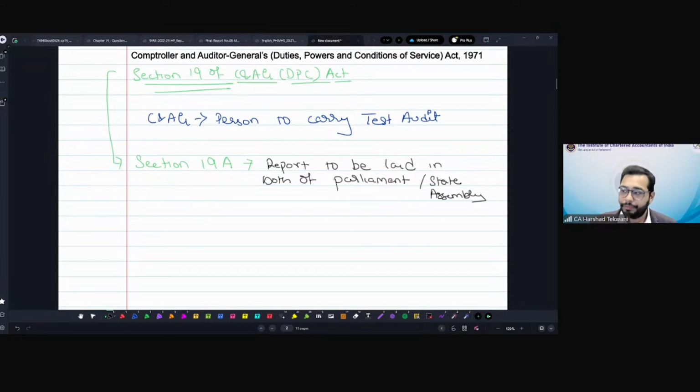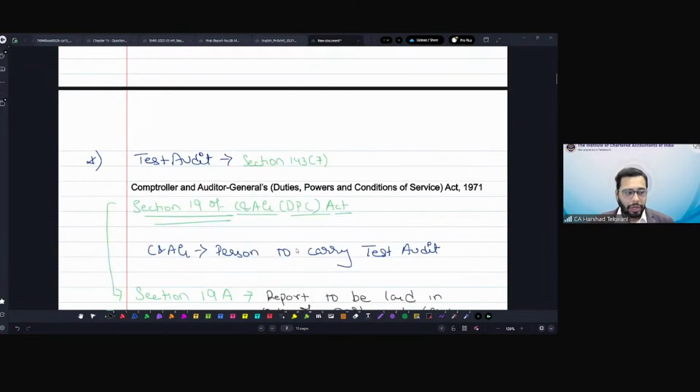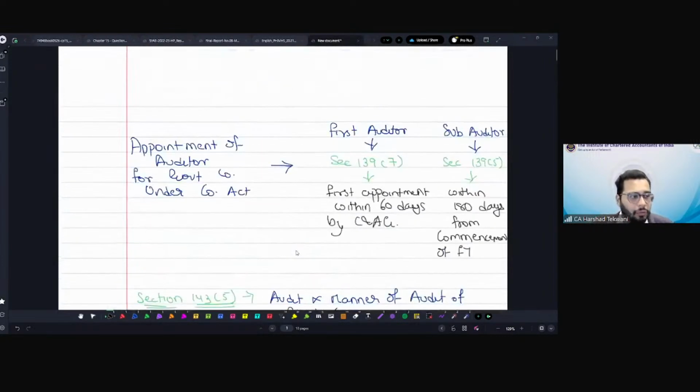Okay. Now, usually, like the other audits, the audit of a government company is a bit different. We have C&AG in the picture, compared to other audits where we have only companies, the board of directors, or the management and those charged with governance. Here we have C&AG. Whichever audit we are doing, we are required to do that.